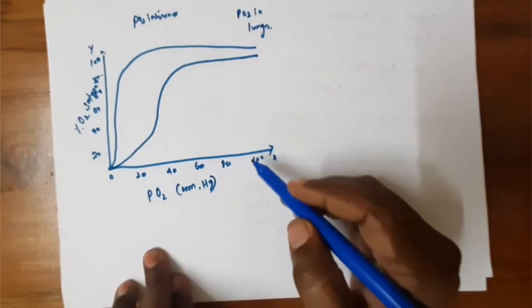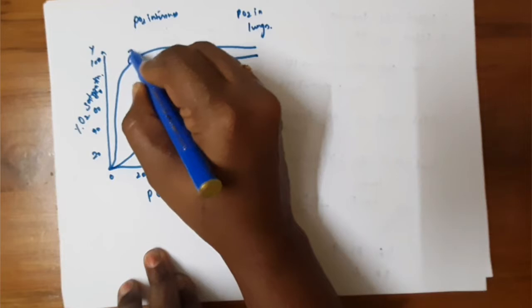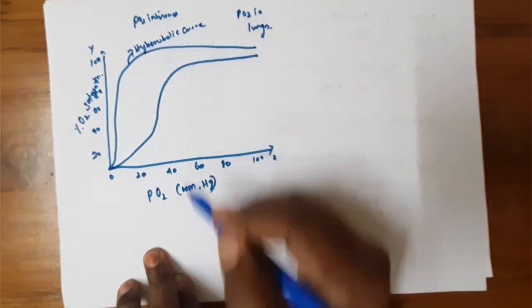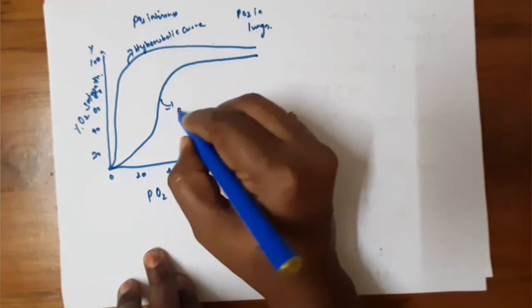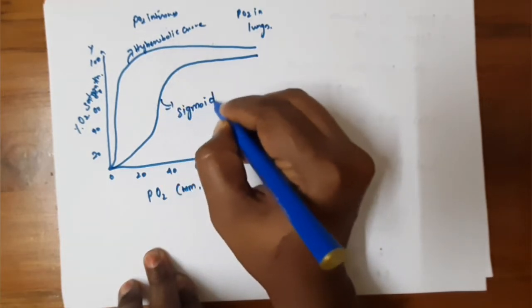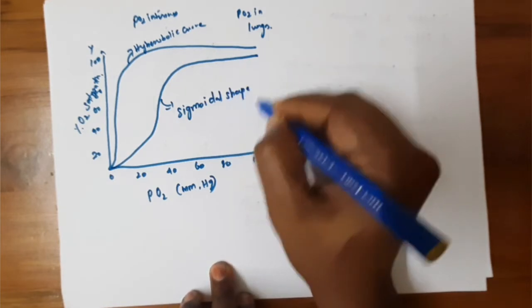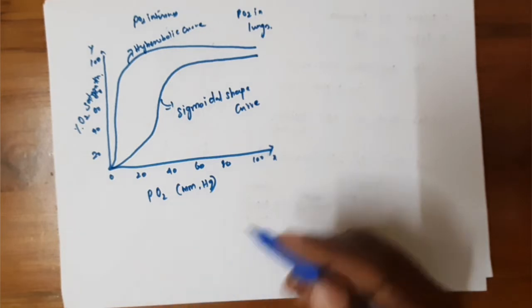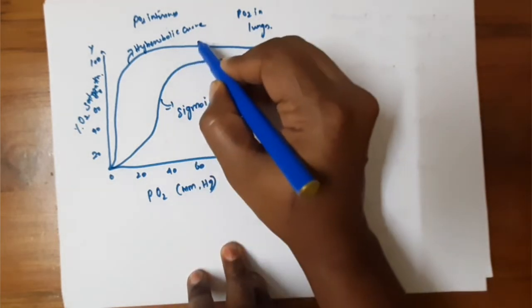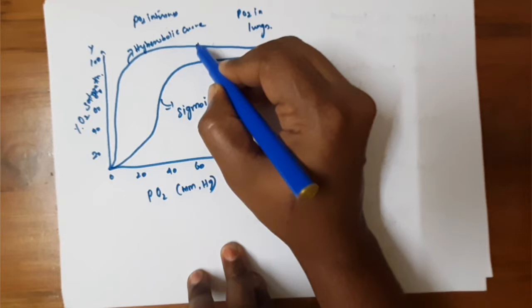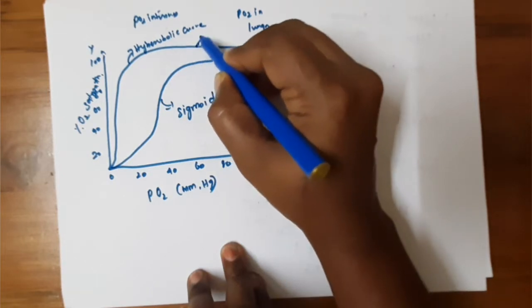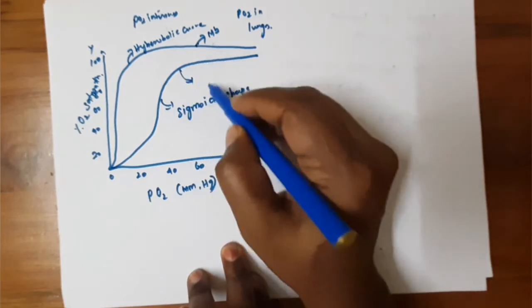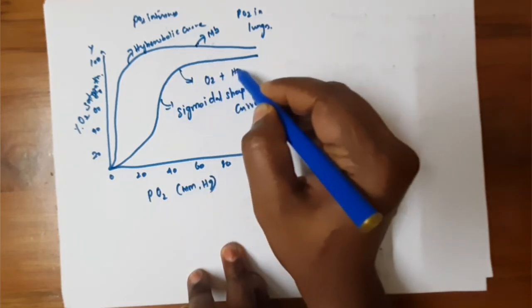This curve represents the hyperbolic curve, and this is the sigmoidal shape curve. This hyperbolic curve describes the oxygen binding affinity of myoglobin, and this sigmoidal shape curve describes the oxygen binding nature of hemoglobin.